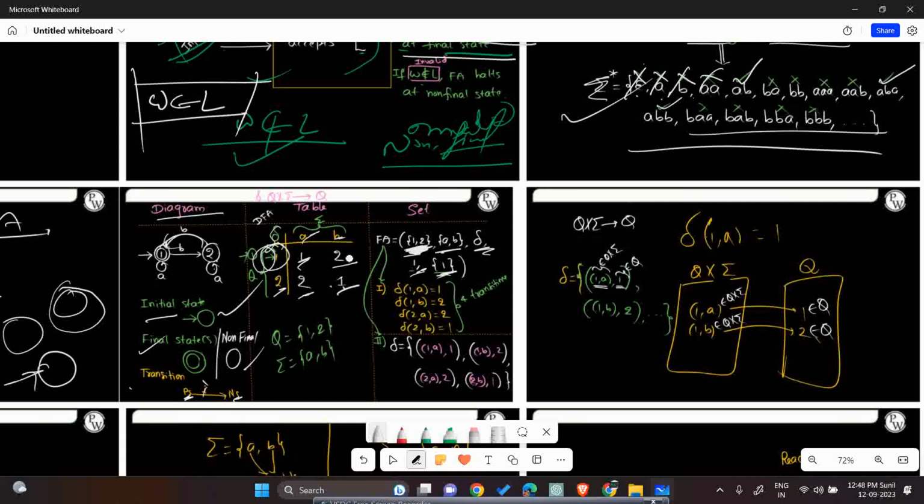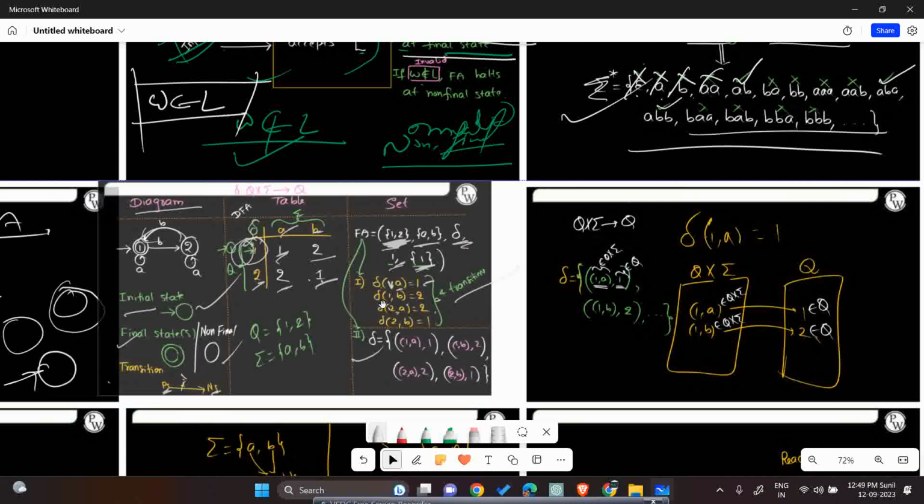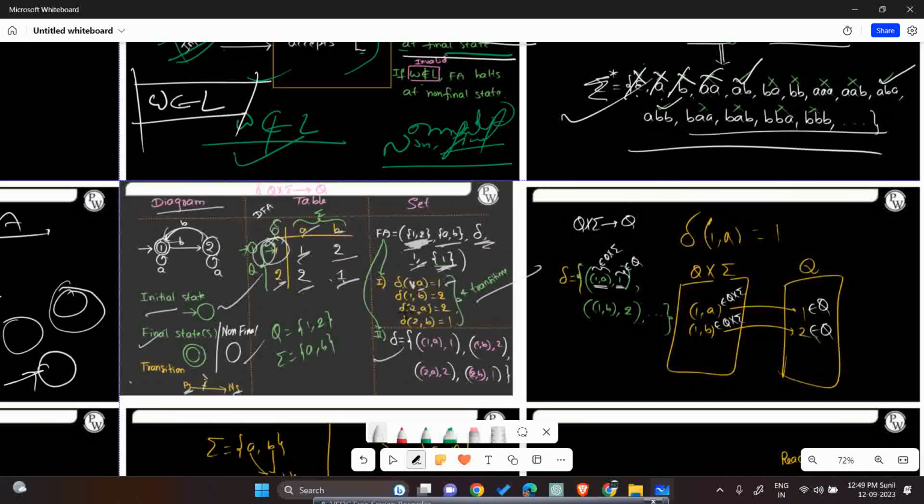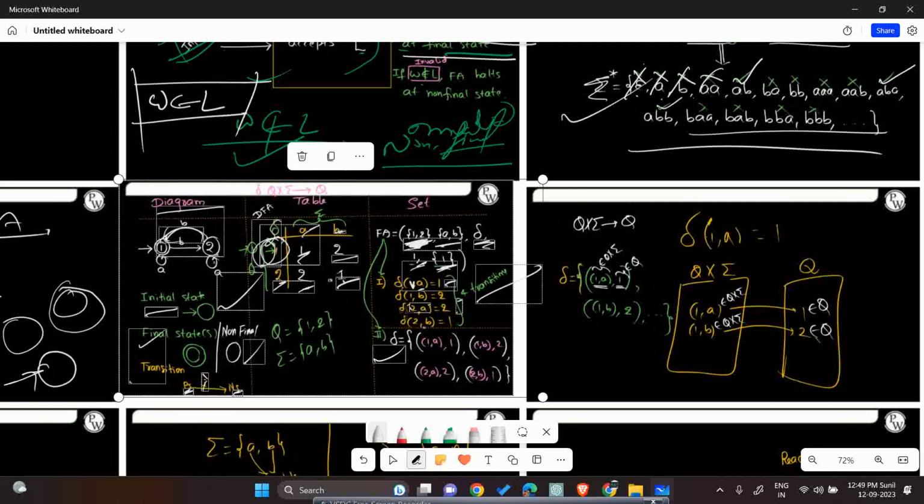When we are at 1 and the input is A, we will remain at 1. These are the transitions: 1B 2, 2A 2, 2B 1. So this is the transition function we built: 1 comma A gives 1, 1 comma B gives 2, 2 comma A gives 2, 2 comma B gives 1.